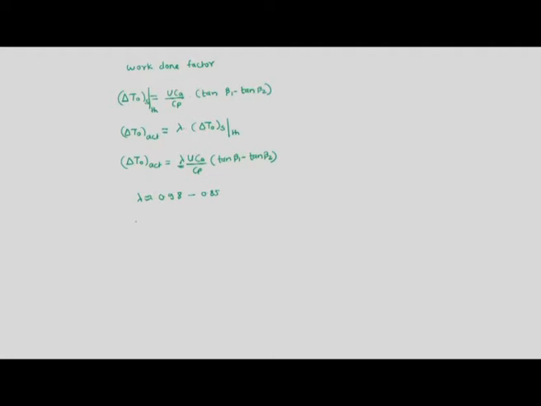But this lambda has variation over the number of stages, and this is the mean value of lambda, and this lambda mean decreases over the number of stages. So as the number of stages increases, lambda mean decreases.